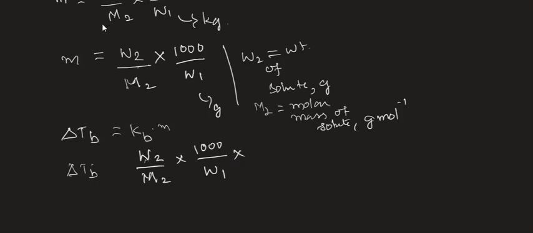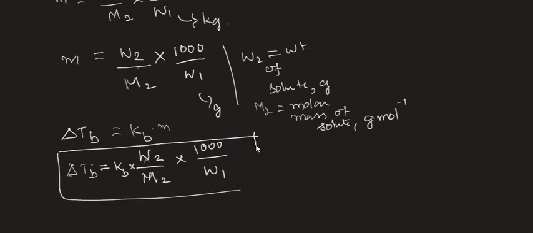This is the final equation for elevation of boiling point. So what is KB? It is the elevation of boiling point constant, that is the molal elevation constant, also called the ebullioscopic constant. Delta TB is the elevation of boiling point, W2 the weight of the solute, M2 the molar mass of the solute, 1000 a factor, and W1 the weight of the solvent.